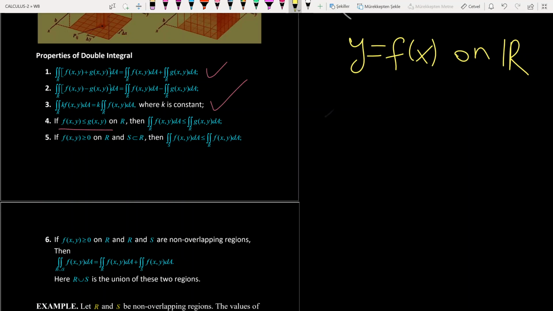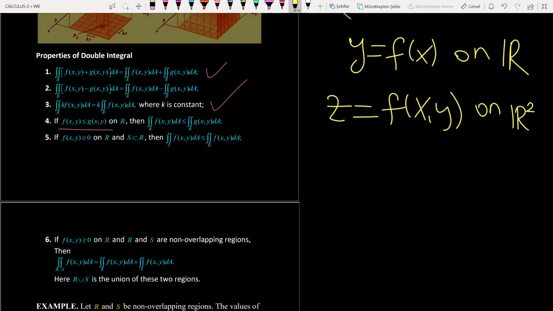If you have a function of two variables, then of course you have a surface and you want to find the volume under the surface. Surface means you are not on R anymore, you are on R square. So you have two dimensions. This is the basic difference between the function of one and two variables.